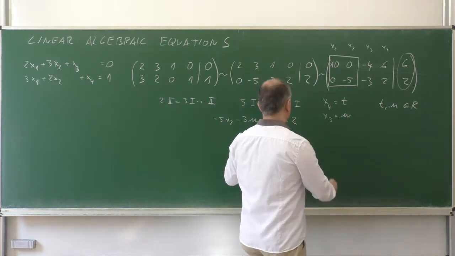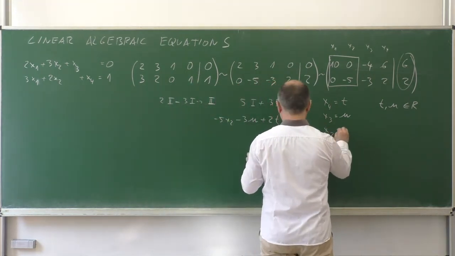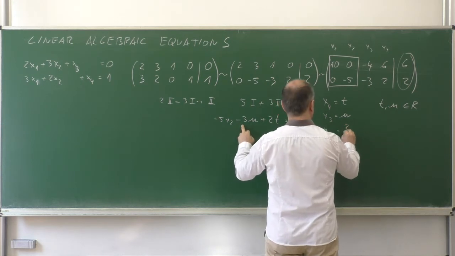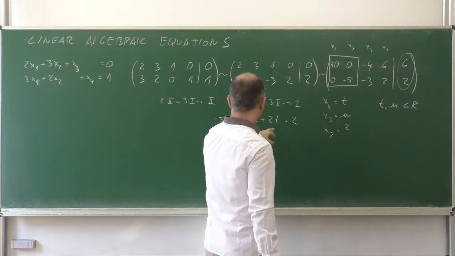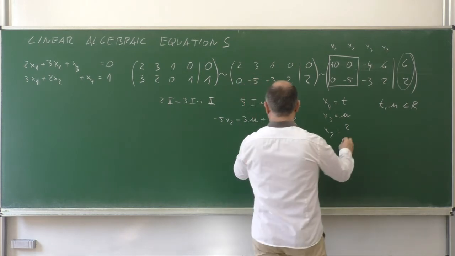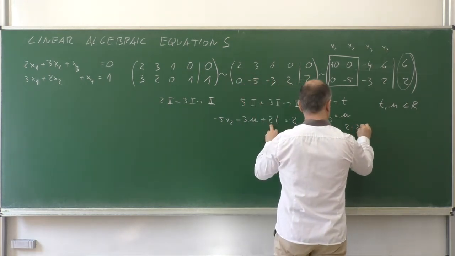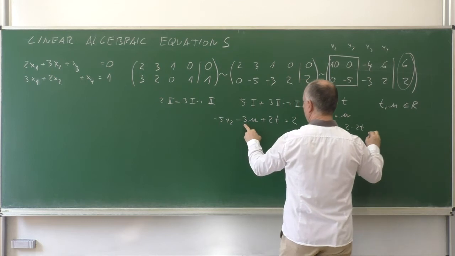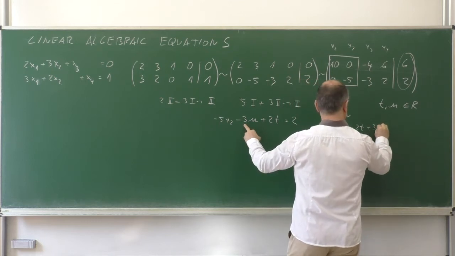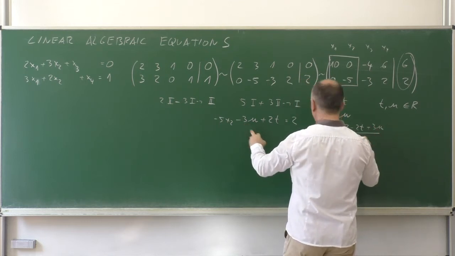So we have 2 minus 2t plus 3u divided by minus 5.